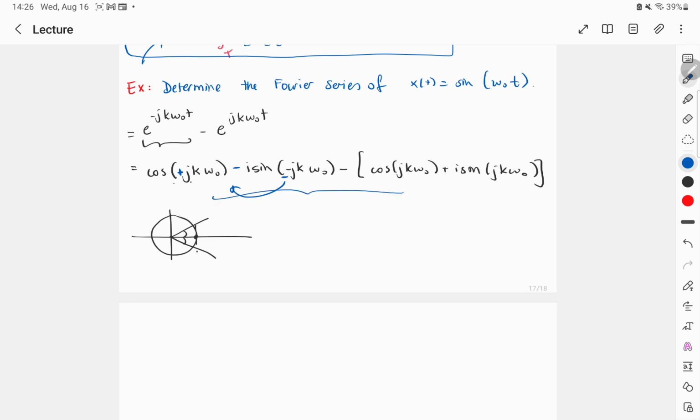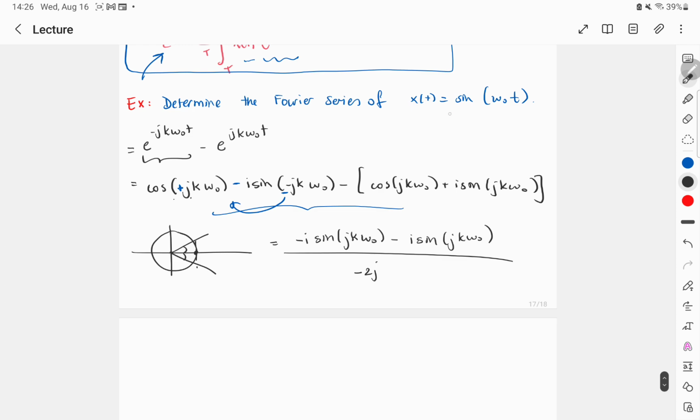And then as we do all the algebra in here, we will see that it will equal minus j sine jk omega minus j sine jk omega. That's why if we divide it by minus 2j, it will give us the value that we wanted.